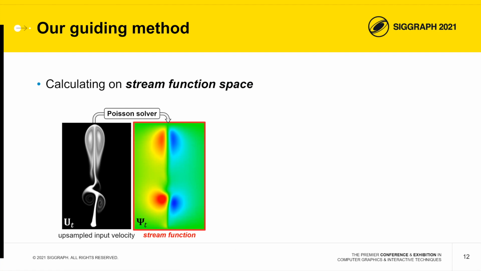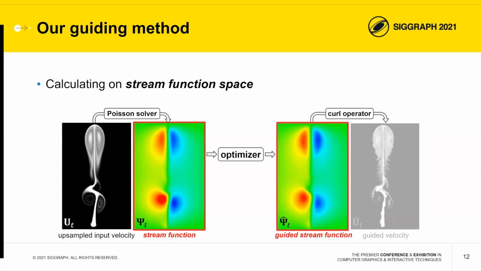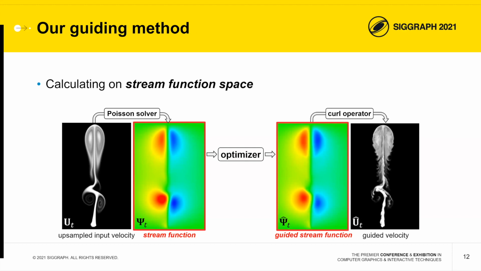After computing the stream function from the input velocity field, our method solves a modified optimization problem, and we obtain the high resolution guided stream function. Then we apply the curl operator to the guided stream function to obtain the guided velocity field.